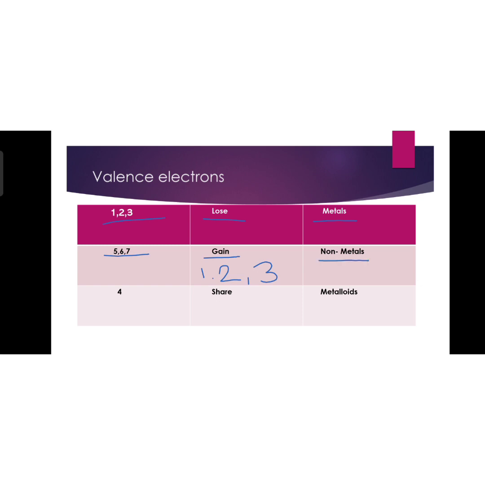And when the elements have 4 electrons, it is not easy to lose or gain 4 electrons. Instead, it shares 4 electrons with some other atom. Such elements having 4 valence electrons are known as metalloids.